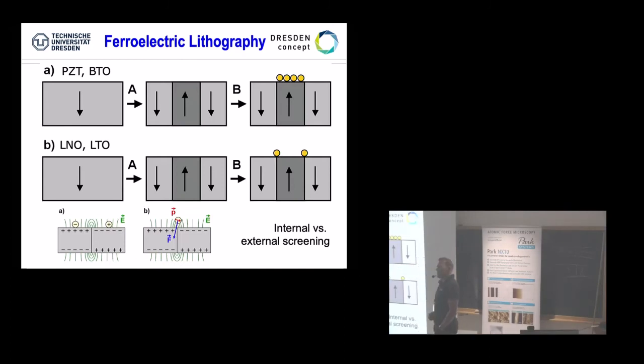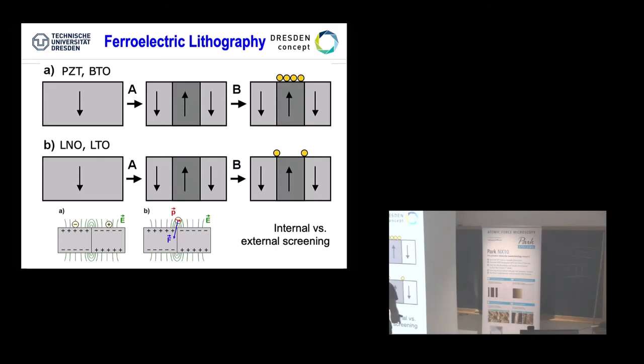Let me step back once and compare the thin films PZT, BTO, or even BFO that we had before, again with these single crystalline systems, lithium niobate or tantalate or whatsoever. What is the difference? One of the big differences is that in all these materials, if you do a poling, and you remember also from my first talk, we get screening charges.